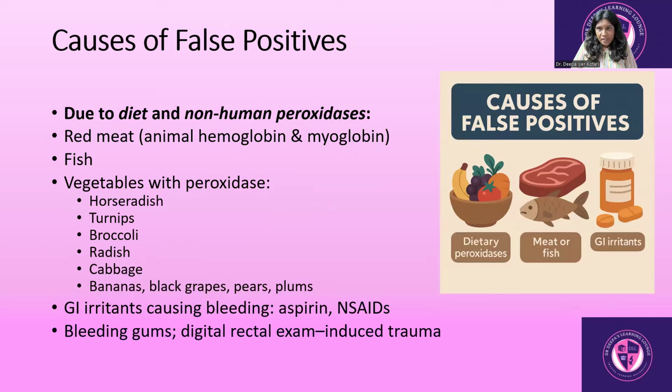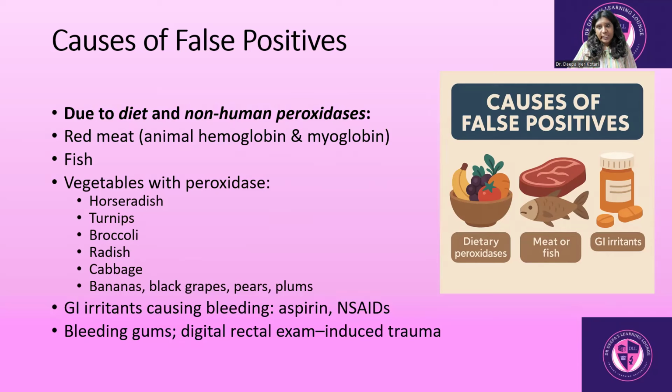False positives is the major drawback of fecal GOAC testing. So the major drawback is that, as I said, it's not specific for human hemoglobin. Animal meat contains hemoglobin and myoglobin. That will also give a pseudoperoxidase activity and gives a false positive GOAC test, which means it is not the patient who is bleeding out, it is the meat that is taken in, which comes out as a positive in the GOAC testing.